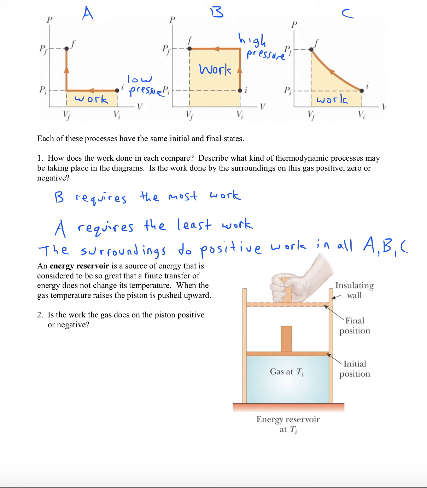Now imagine pulling the plunger up. What kind of work gets done in this case? Does the gas do positive work or negative work on the piston? Well, think about it this way. The gas pushes up on the piston. And the piston physically does go up.